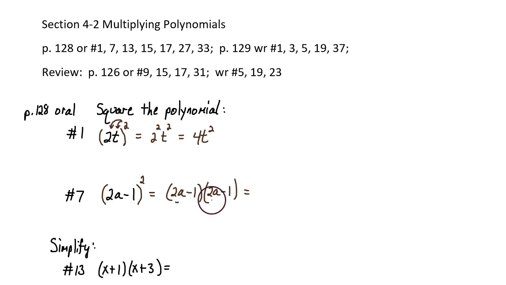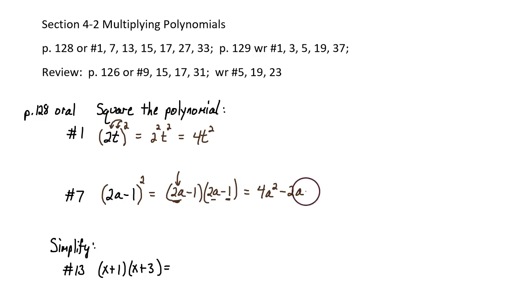Multiply the 2a to that 2a. 2a times 2a is 4a squared. Then multiply the 2a to the negative 1. 2a times negative 1 is negative 2a. We are done using this first term. Now let's come over here to this negative 1 and distribute it to both the 2a and to the negative 1.